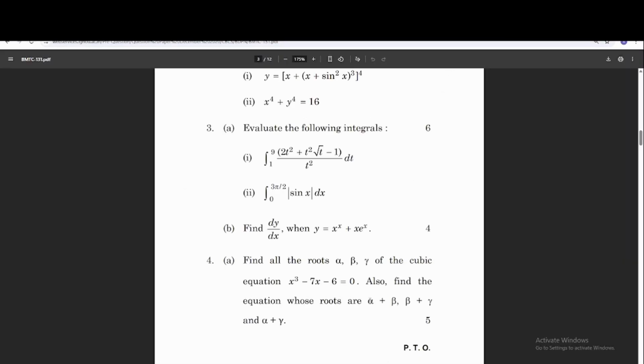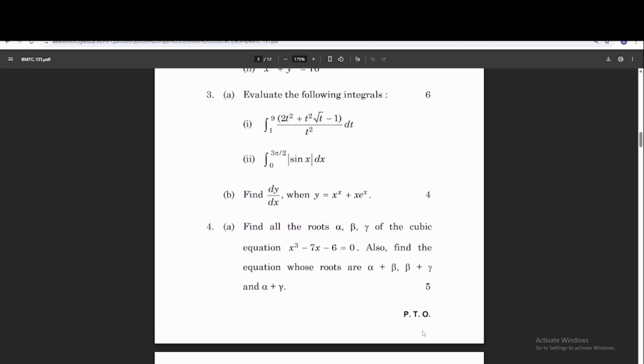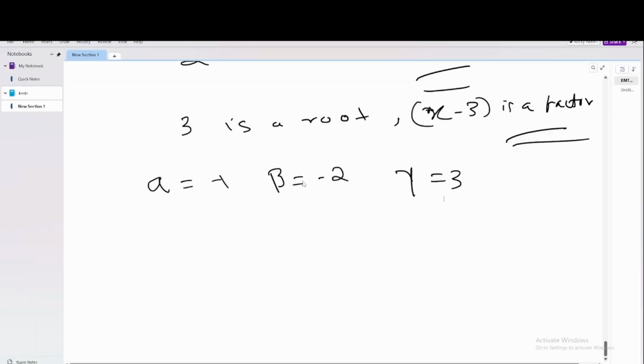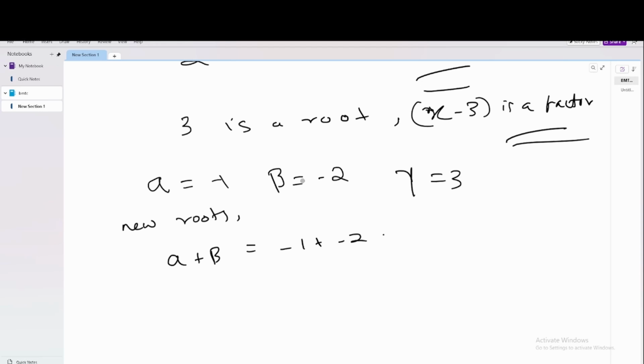Now also find the equation whose roots are alpha plus beta, beta plus gamma and alpha plus gamma. New roots: alpha plus beta, beta plus gamma, alpha plus gamma.